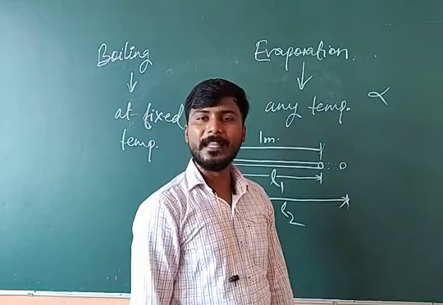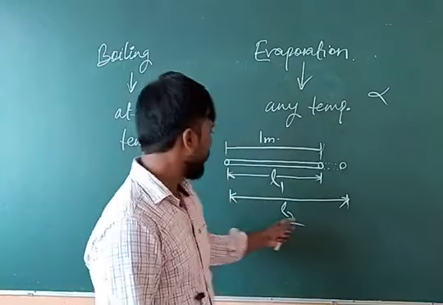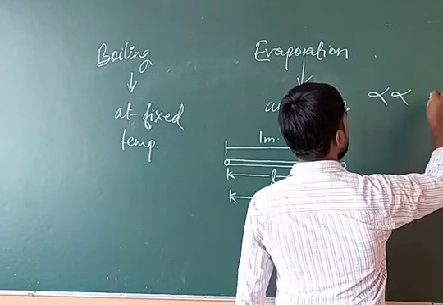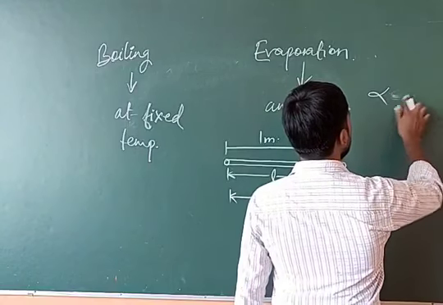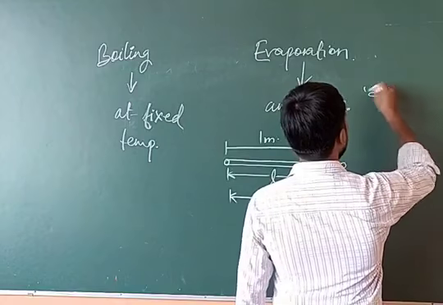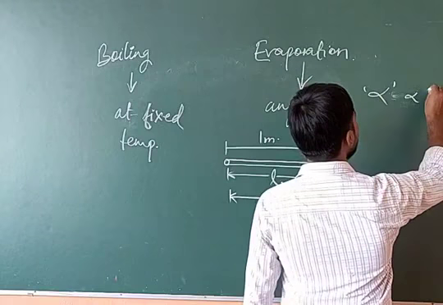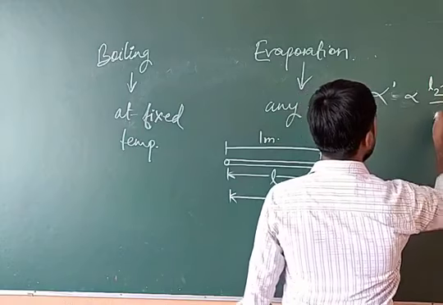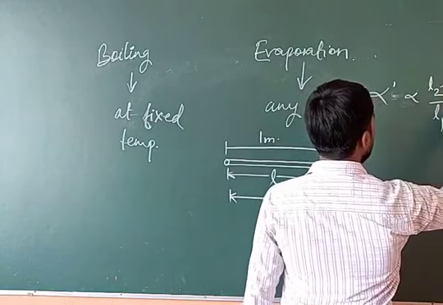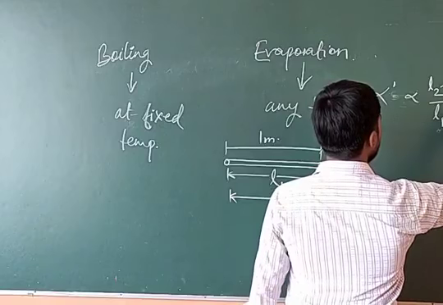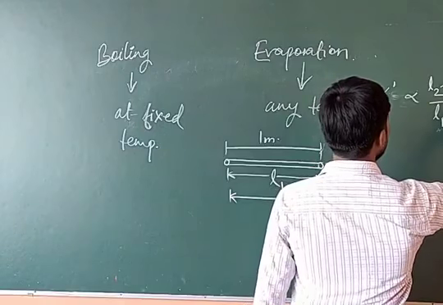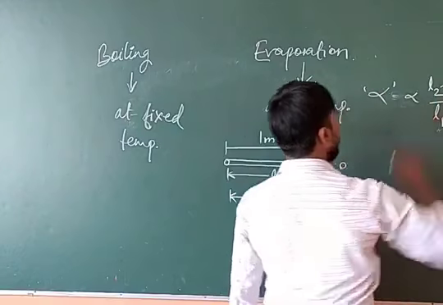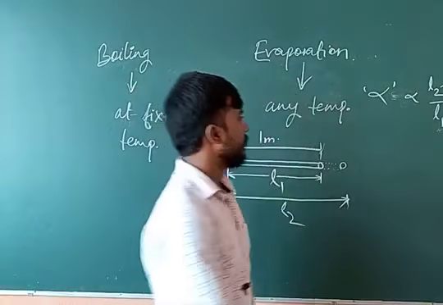The change in length, L2 minus L1, is directly proportional to L1 times the change in temperature, delta T. Alpha is equal to (L2 minus L1) by L1 times delta T. Delta means change in temperature. Is it clear?